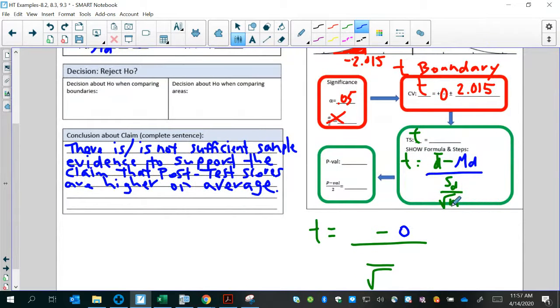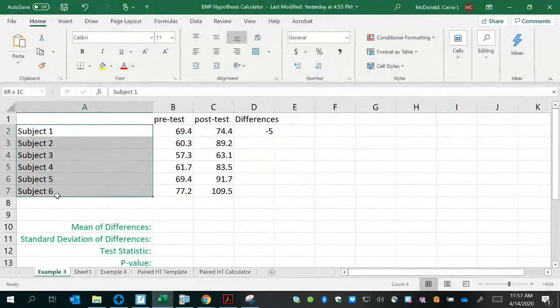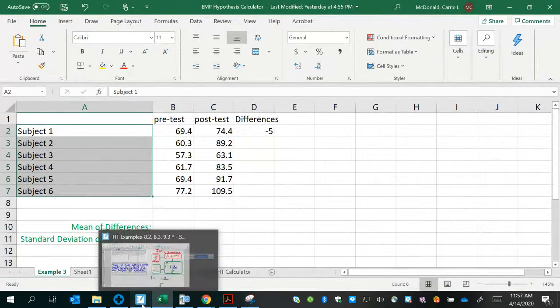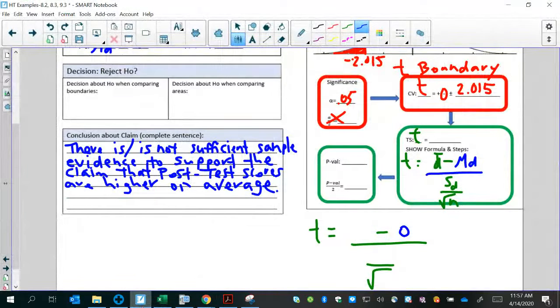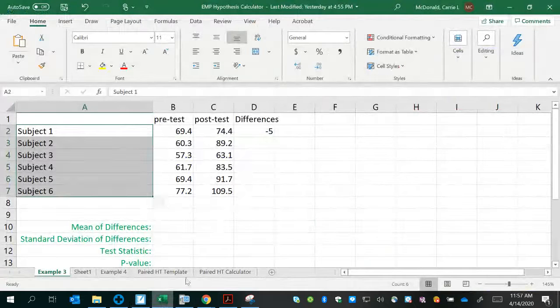And the sample size, remember, was 6. 6 subjects, 6 pairs. And now I need to find from my sample data the mean of differences and the standard deviation of the differences. So we'll use Excel to do that.